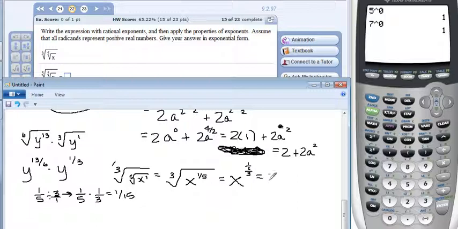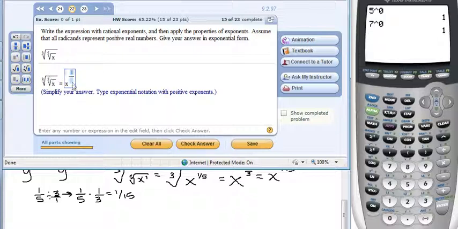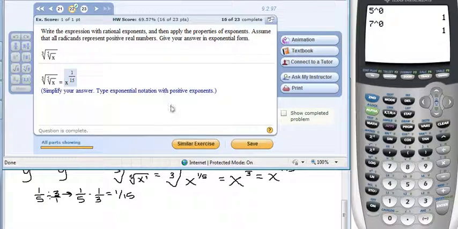So this is x to the 1/15th power. Now, does it want it in radical or exponential notation? Let's try it. I have no idea if that's right. So I'm going to raise it to a fraction. I'm going to fill in my blue boxes, and we did a great job.